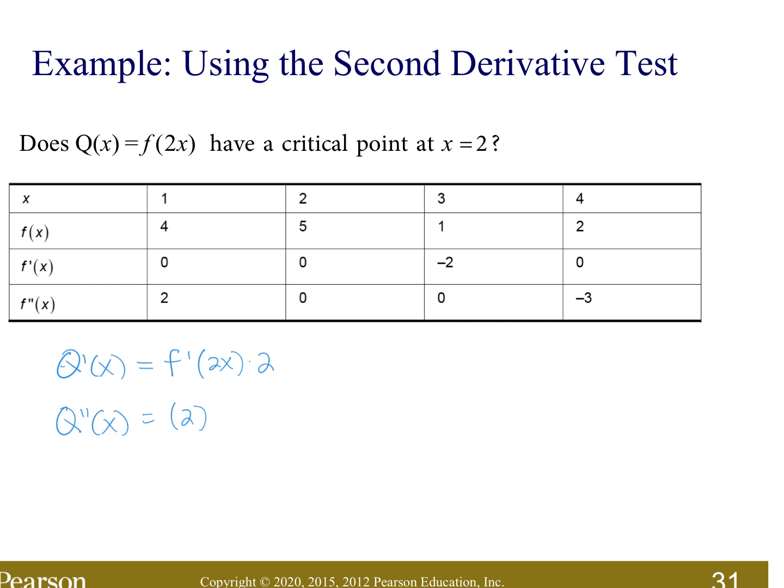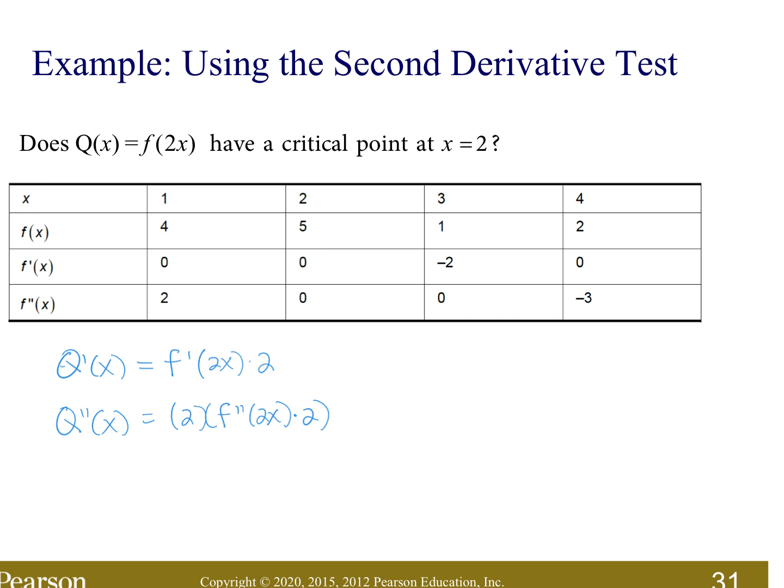So I'll have 2 times f double prime of 2x times a chain rule of 2, plus f prime of 2x and then the product rule of 0. So since I have the product rule of 0, we can get rid of that whole back section.